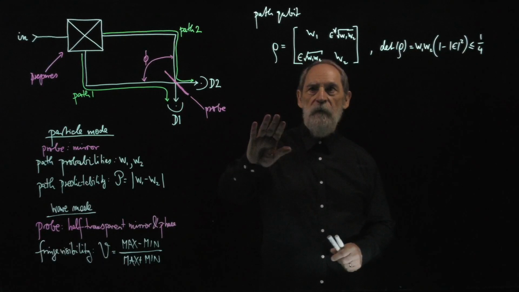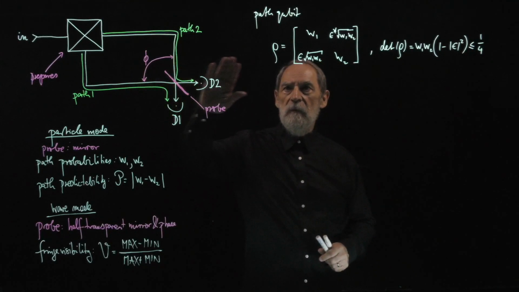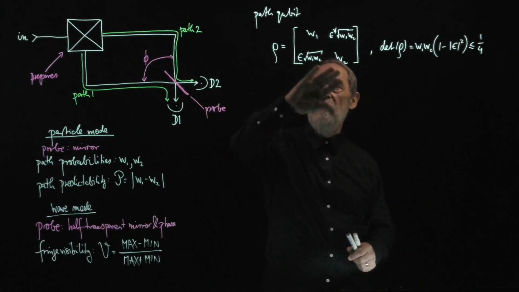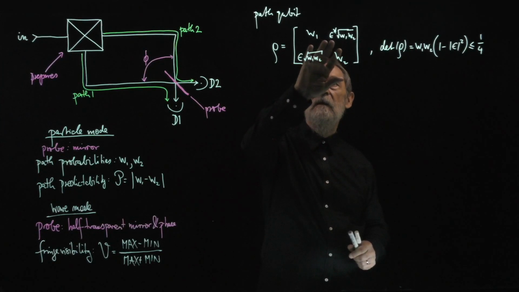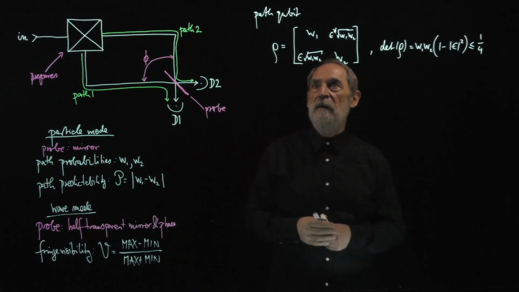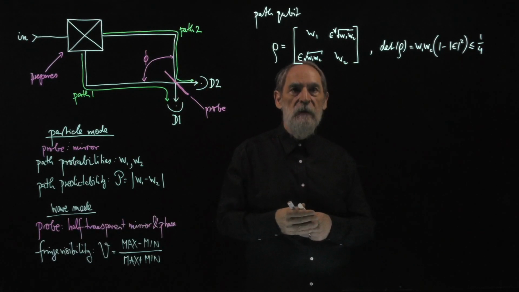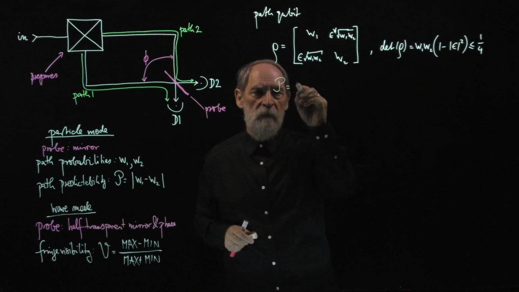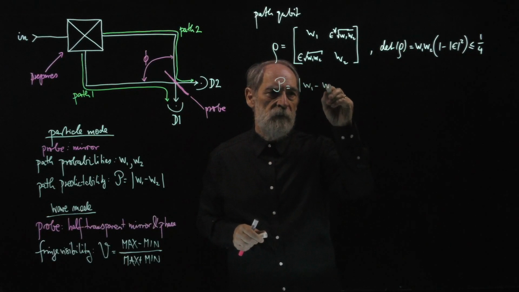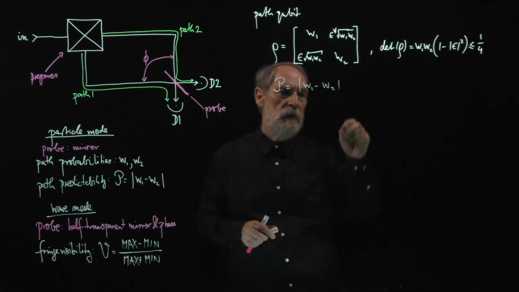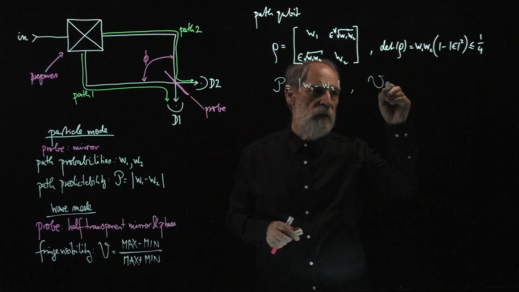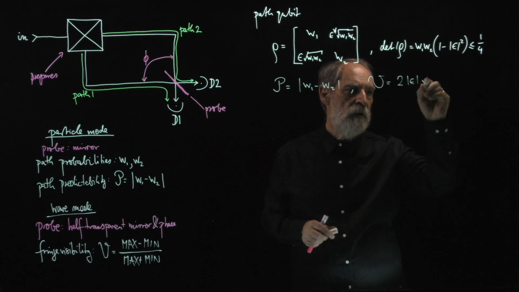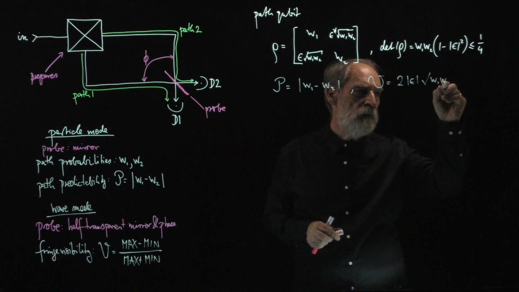So what we have now found is that for quantum particles sent through this interferometer, every one of them prepared such that this matrix describes the path qubit after the preparation, we have a path predictability, which is the absolute value of the difference of the diagonal matrix elements, and we have a fringe visibility, which is 2 times the absolute value of epsilon and the square root of W1 and W2.